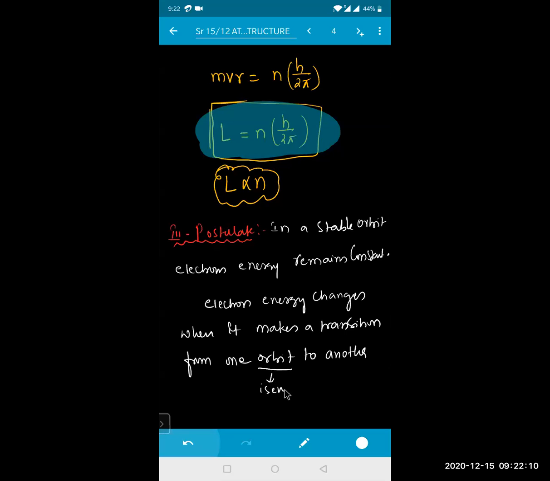Orbit is your energy level. This is one energy level to another energy level.